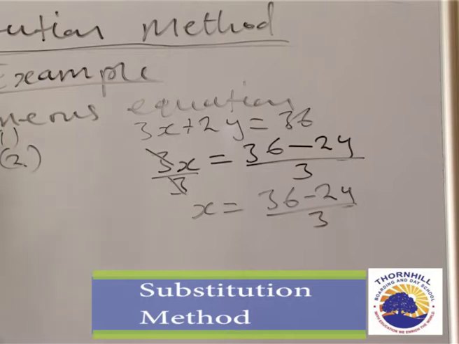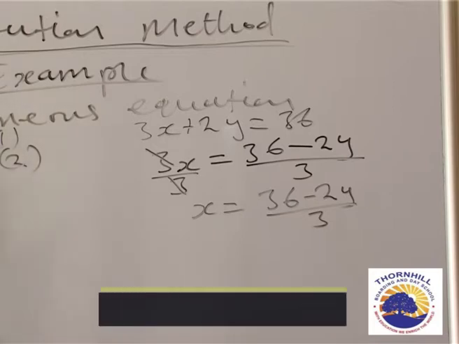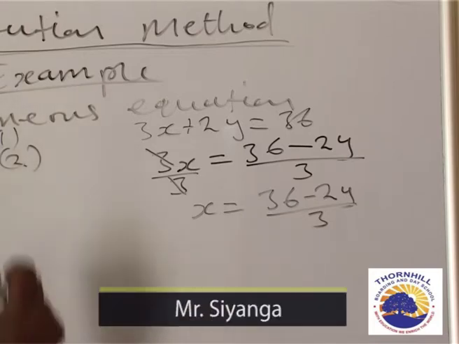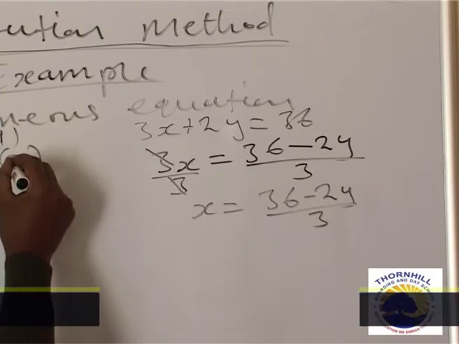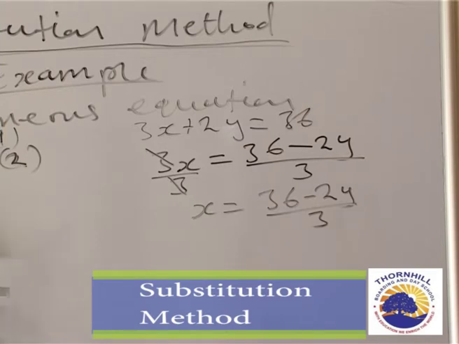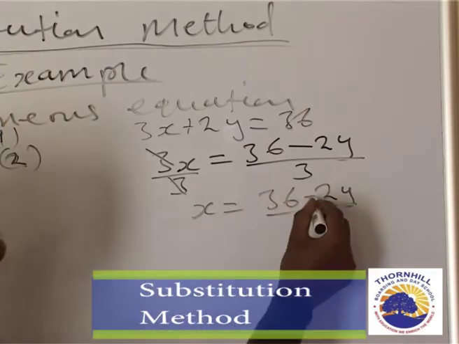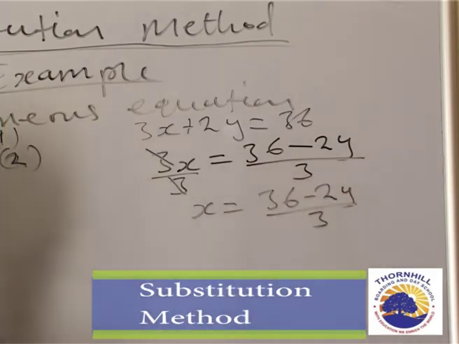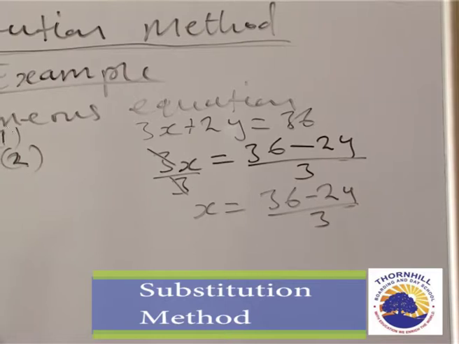Now, having made x the subject of the formula, we're going to substitute in the second equation. This one is our first equation. So in this second equation, where there is x, we're going to put (36 minus 2y) over 3. Therefore, we'll go to our second equation, which is 5x. Now, where there is this x, we're going to substitute.